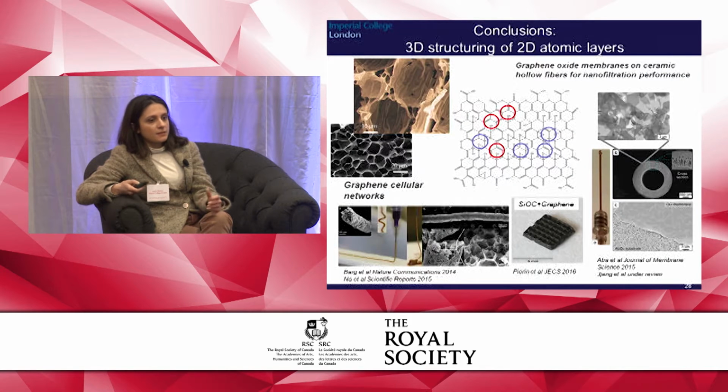And at the same time, we have seen how we can try to produce graphene on a large scale, and how we can generate new structures made up of graphene that so far were made with polymers, but using graphene can enable different functions and different applications of these three-dimensional structures.